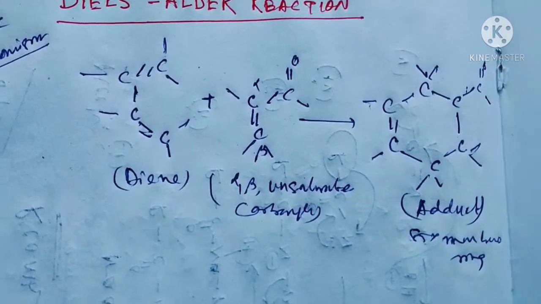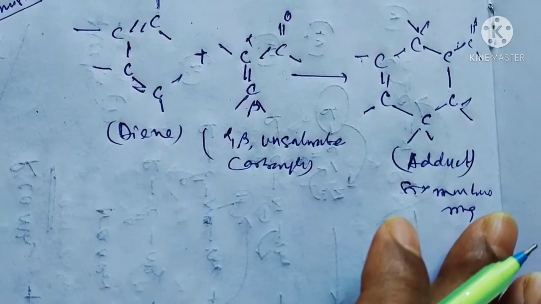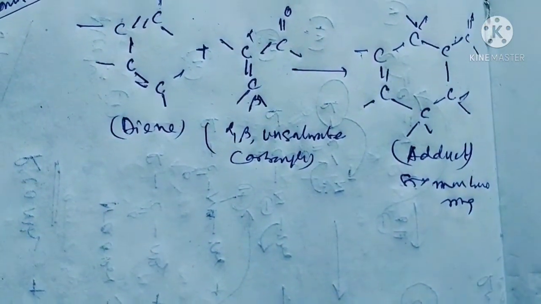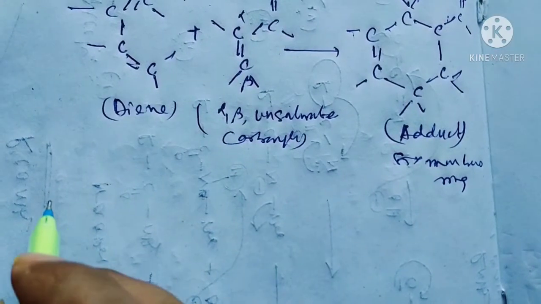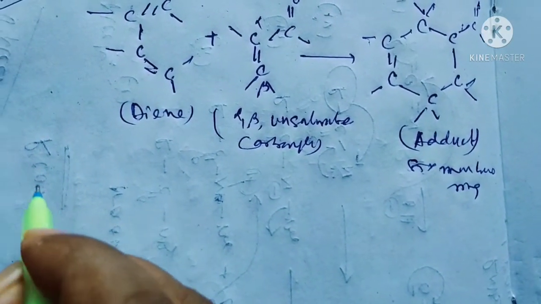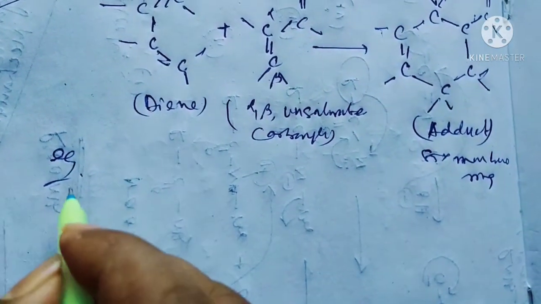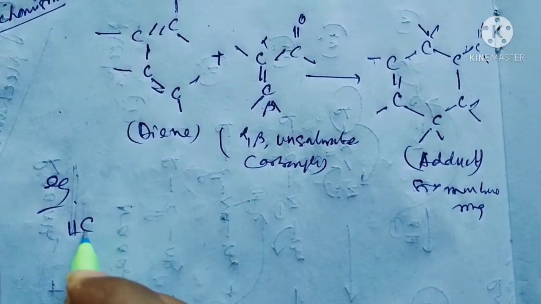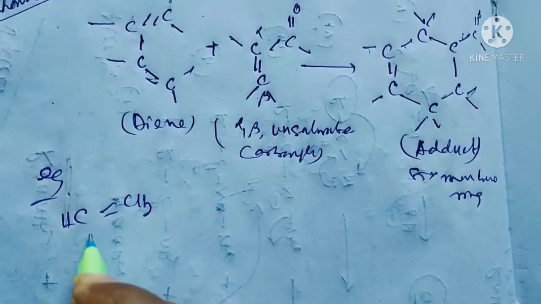Okay students, now I am giving you an example. After that I will give you the mechanism. For example, you can take butadiene. First I am giving an example today. Say this is our butadiene.